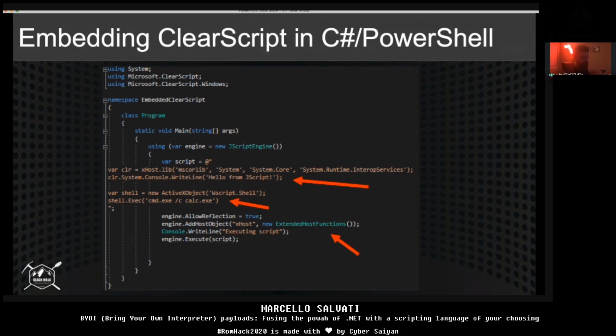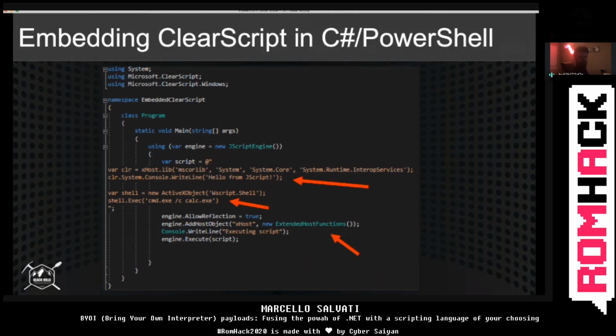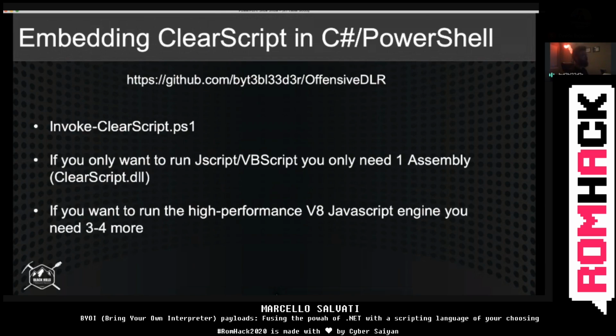So now we're back to the whole PowerShell situation where we're playing the chicken and the egg problem. But because of ClearScript, you can now inject shellcode. You can now do all of the great and crazy stuff that we do as pen testers and red teamers through JScript and VBScript, okay, which is incredible and allows you to do a lot of great stuff with other existing tooling like Kodiak.